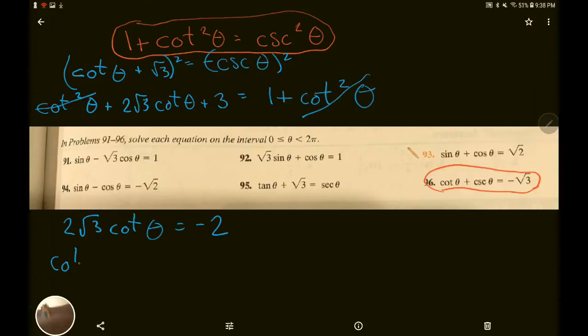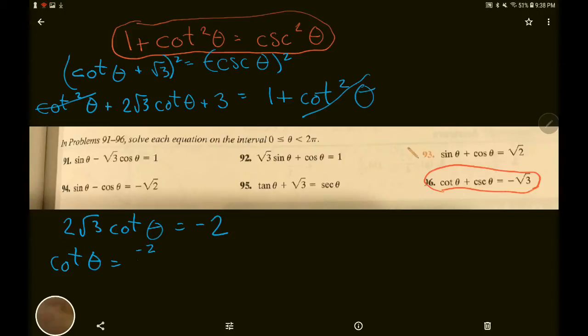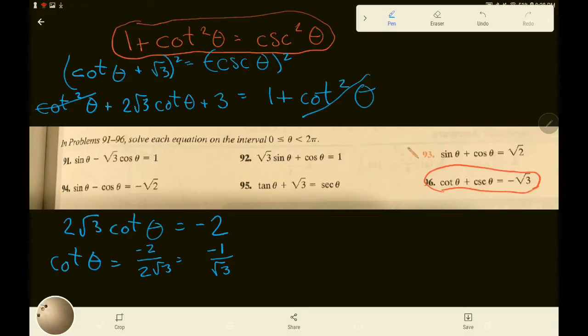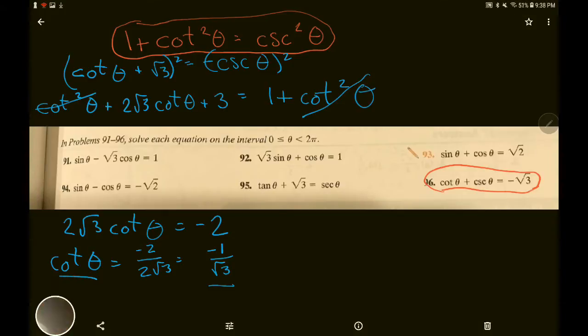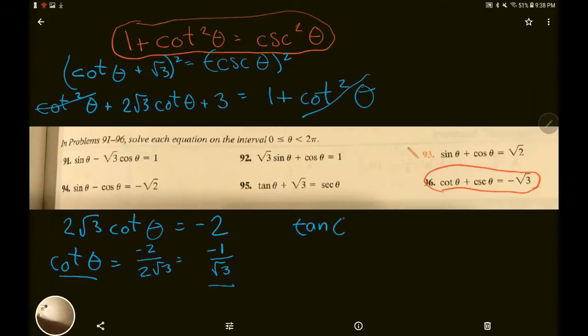So cotangent theta equals -2 over 2√3 equals -1 over √3. Now I'm going to leave it in that form for now, but just for simplicity of knowing what we're looking at, I'm actually going to look at tangent theta, the reciprocal, equals -√3.